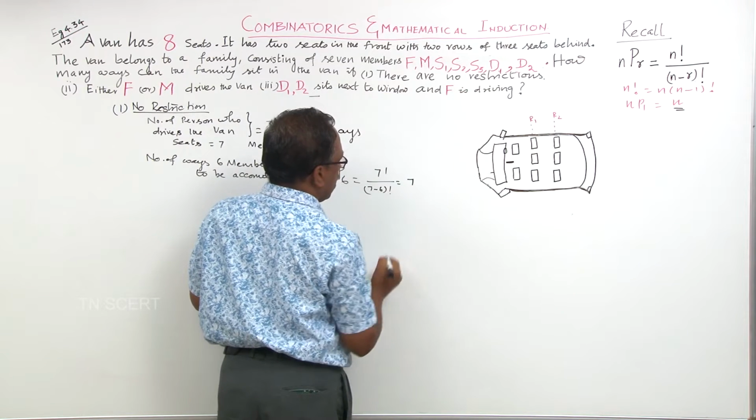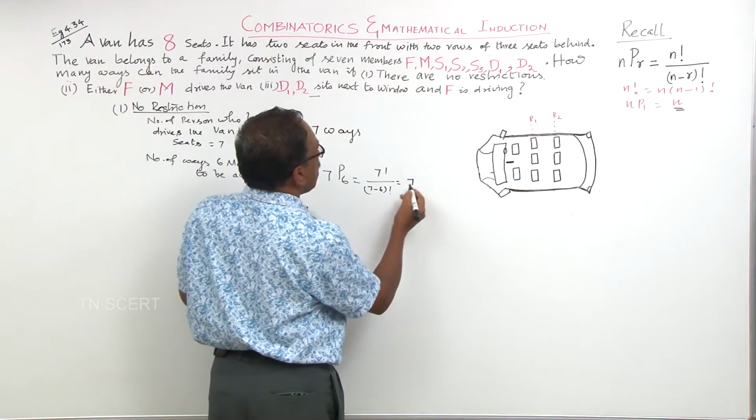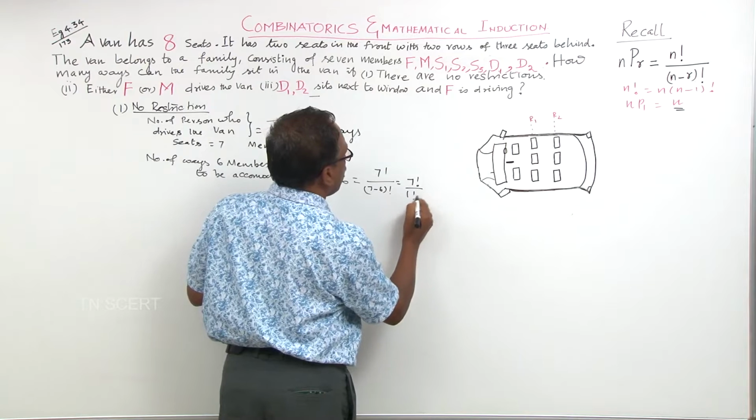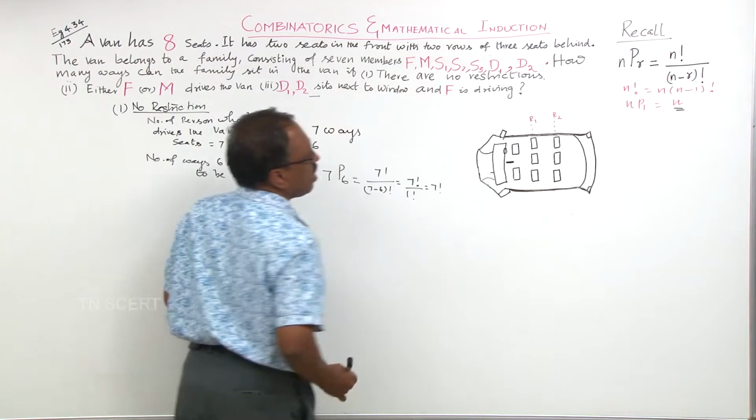So 7 factorial by 1 factorial is equal to 7 factorial.